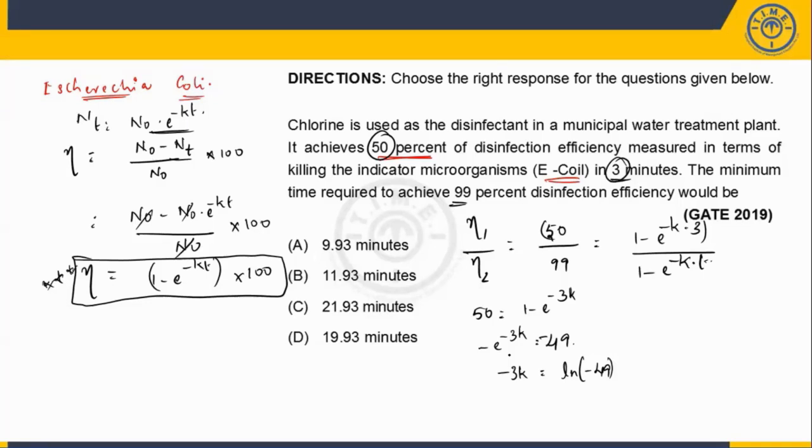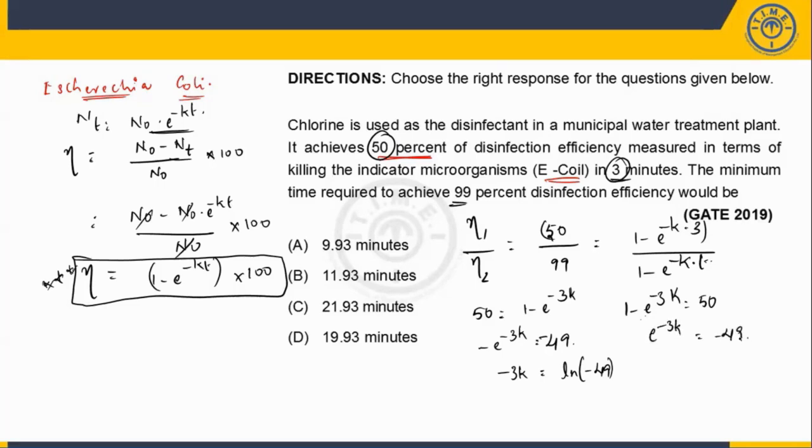We'll do one thing. 1 minus e power minus 3k equal to 50. Now, if I'm taking this to the other side, e power minus 3k equal to minus 49.